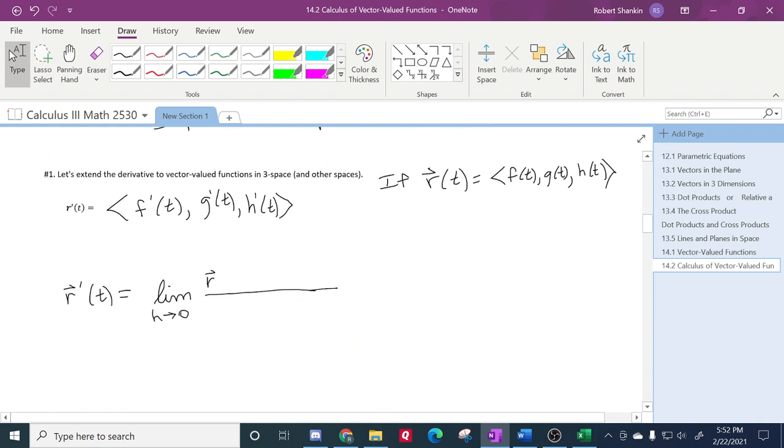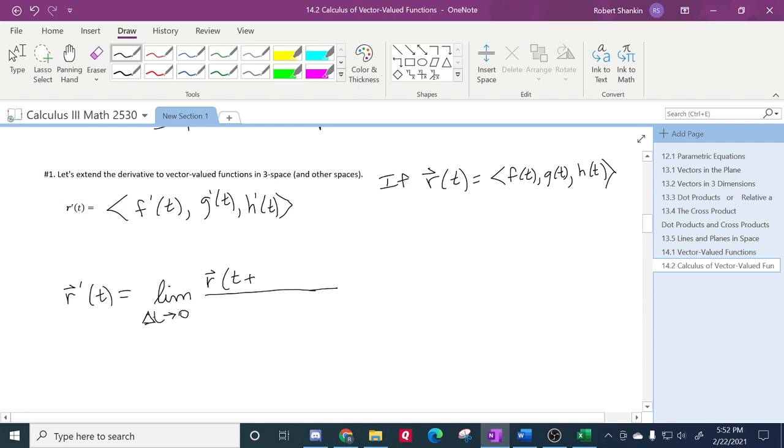So r of t plus. Now, the one that I prefer, I'm going to take your suggestion, but I'm going to modify it a little bit. You could use h, and h would be fine.